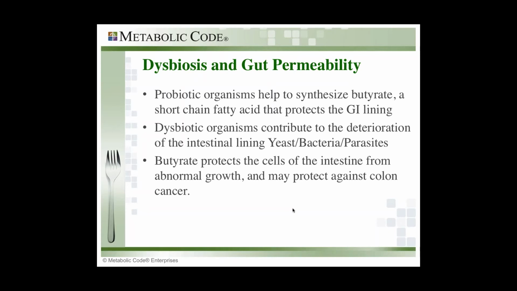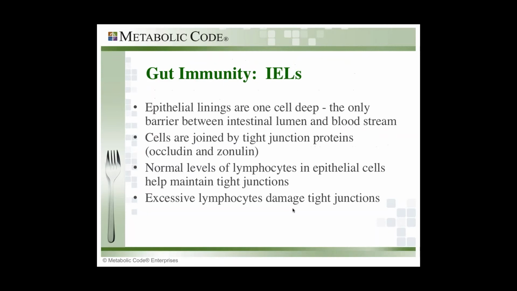And if we do become dysbiotic, then what can happen is an overgrowth of pathogenic bacteria or yeast can put out toxins that can cause the intestinal linings to deteriorate. And also, if you just don't have enough probiotics to keep synthesizing fuel for those cells, that can contribute to die-off of those cells. And the immune system starts to become dysregulated, because probiotic organisms direct the production of tight junction proteins, the occludins.